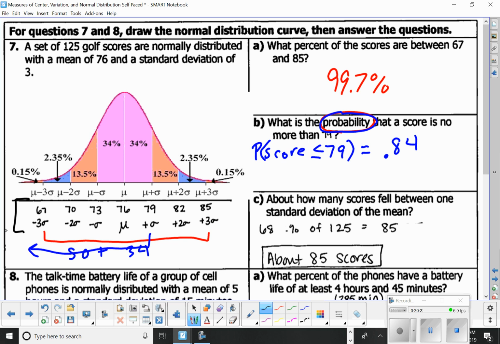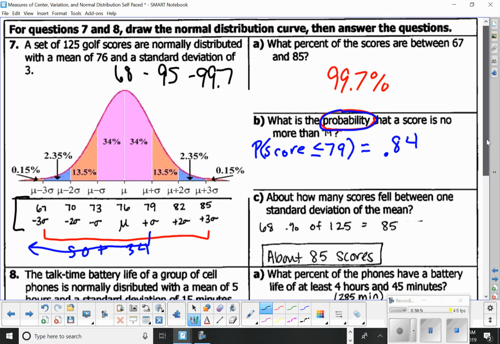You can then use that up here if you label your, remember it's 68, 95, 99.7, that's that empirical rule. Okay, so label the sections. What percent of the scores are between 67 and 85%, between 0 and 100? What is the probability? Between 0 and 1. And over here, I've drawn in the red where I'm looking and in the blue where I'm looking.